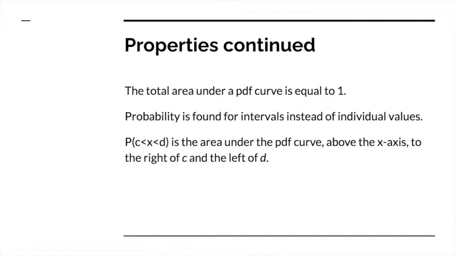Remember from algebra? So you're asking for the area of a straight line, which is 0. So we can't find probabilities for individual values. Instead, we find probabilities for intervals, like x between 3 and 5, for example. That last point is just saying that the probability that x is between two values is the area under the curve and above the x-axis between those two values.